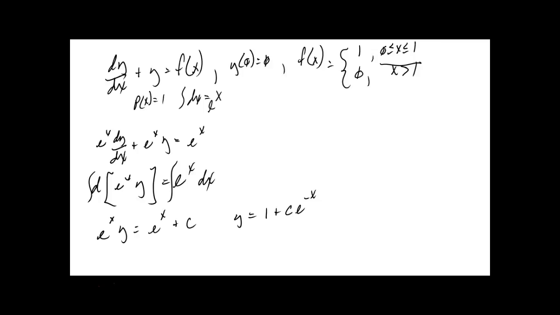We know that y of 0 is equal to 0, so that means y of 0 is equal to 1, and e to the 0 is 1, so that's plus c, and that's equal to 0, so that implies that c is equal to -1.